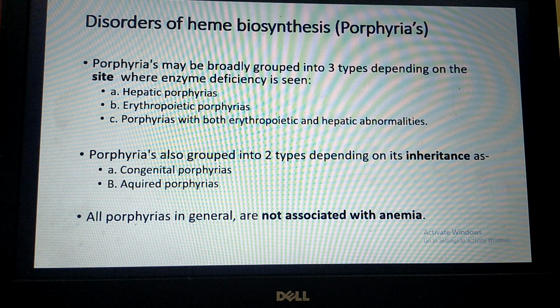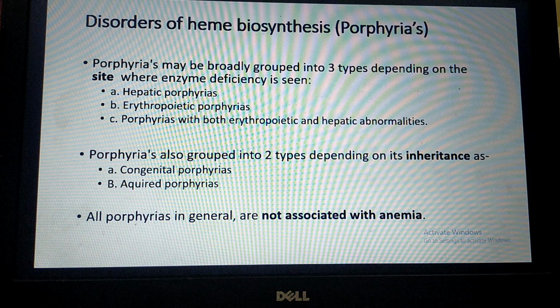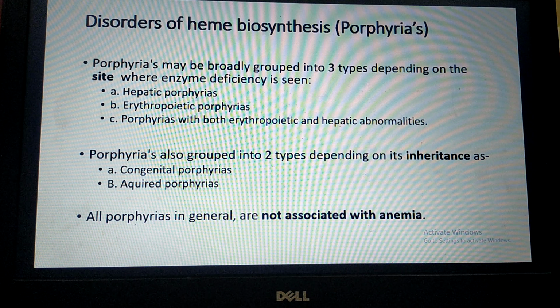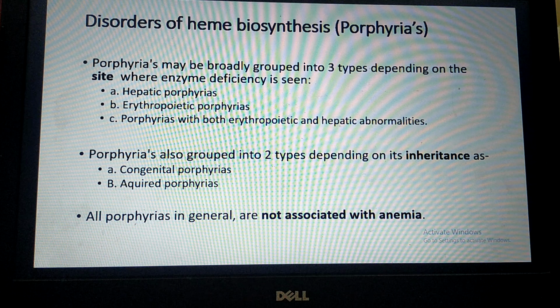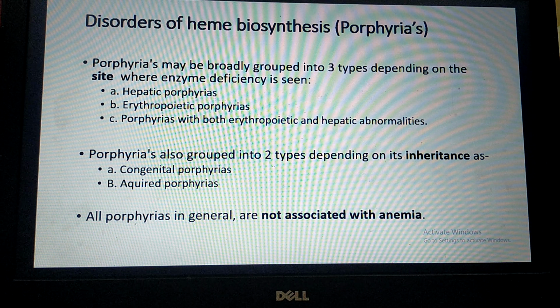One more classification of porphyrias is based on inheritance. Depending upon this, there are two types of porphyrias: congenital porphyrias and acquired porphyrias. Congenital porphyrias are present since birth, and these are usually due to deficiency of enzymes.